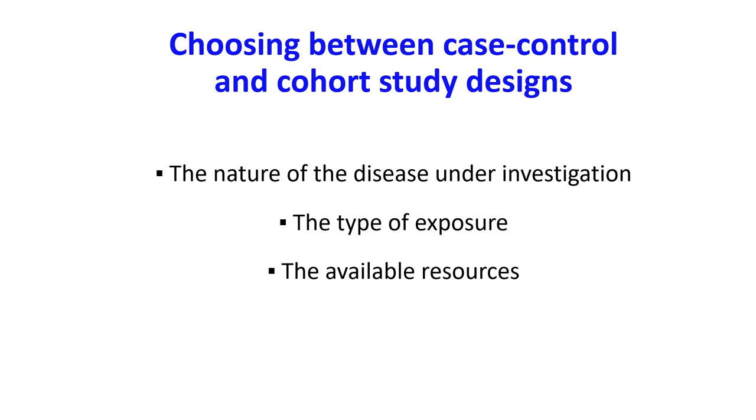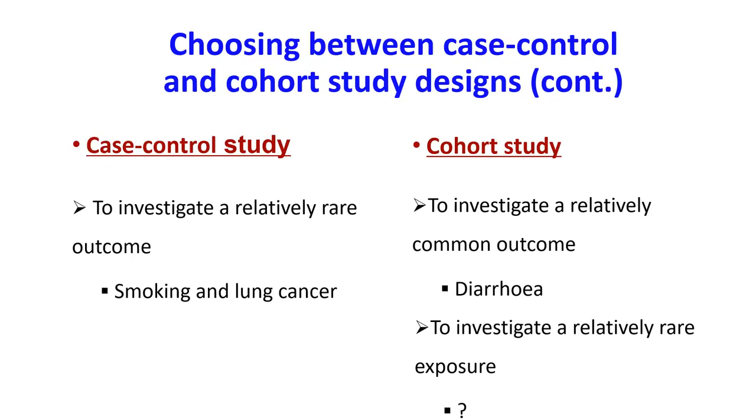And if the disease is, for example, very rare, you'd like to do a case control study. Otherwise, you'd need to gather a large group of people to identify one case if you wanted to do a cohort study. On the other hand, if the exposure is rare, what would you do?